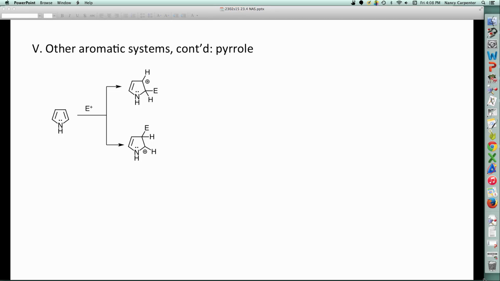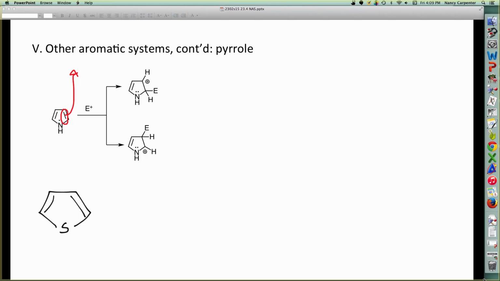How about other heterocyclic aromatic systems? This is pyrrole, and as the book shows, and as you ITR types have seen because you worked with thiophene, you can and should and must think of regiochemistry.